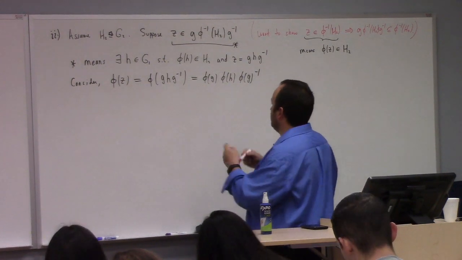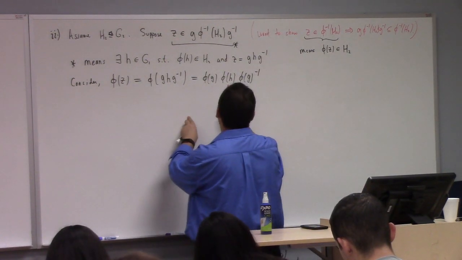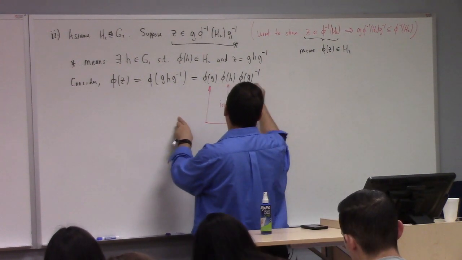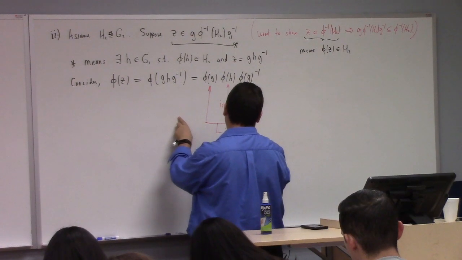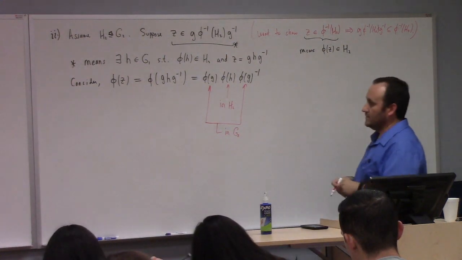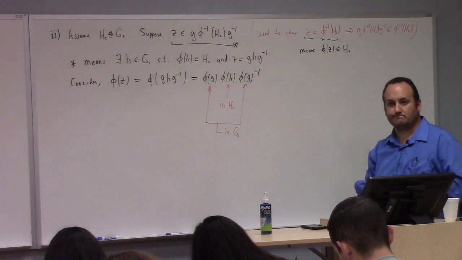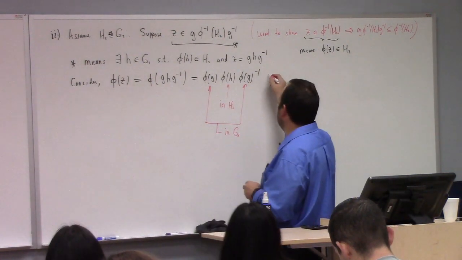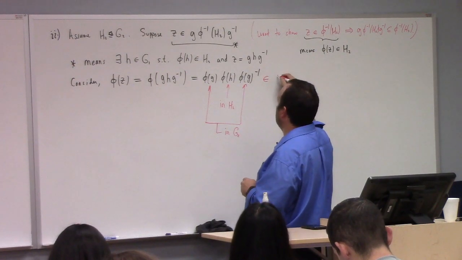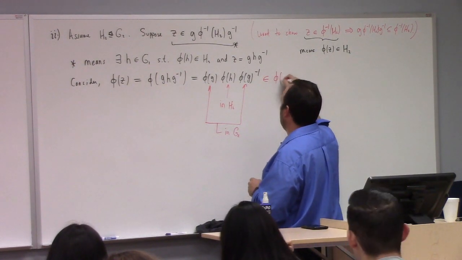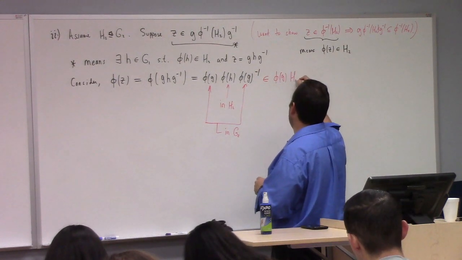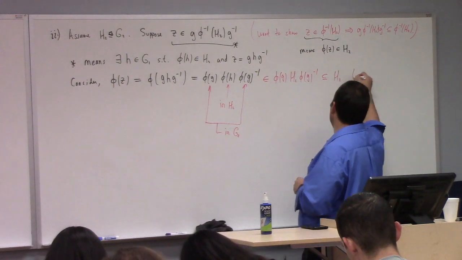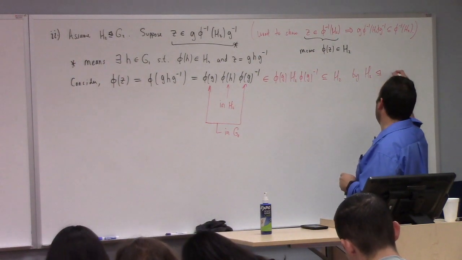And what are we looking at here? We're looking at something in H2, right? And these guys are where? In G2, right? But H2 is a normal subgroup of G2, which means that this is an element of phi of g H2 phi of g inverse, which is a subset of H2, since H2 is a normal subgroup of G2.